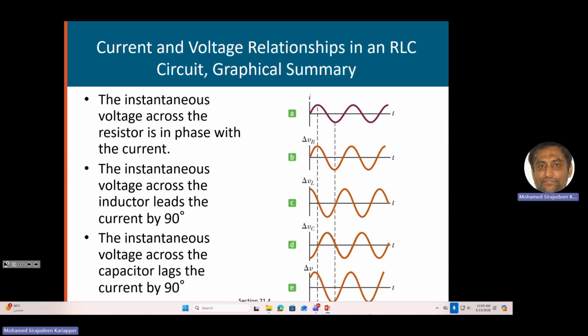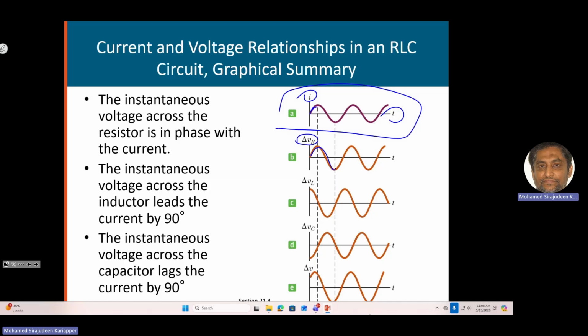Right, so let us look at this graph. This graph, picture A, is the current versus time. At t equal to 0, the current is 0, it's going up and down like that. The voltage across the resistor will be in step, like the current.